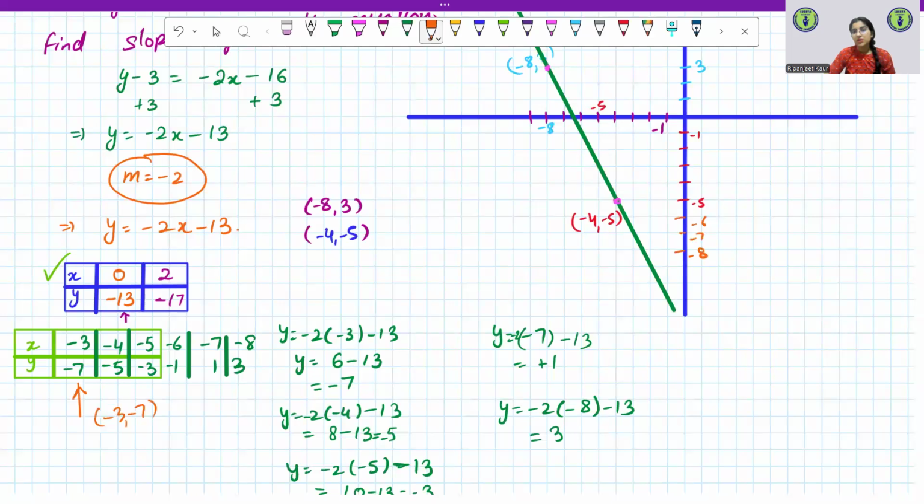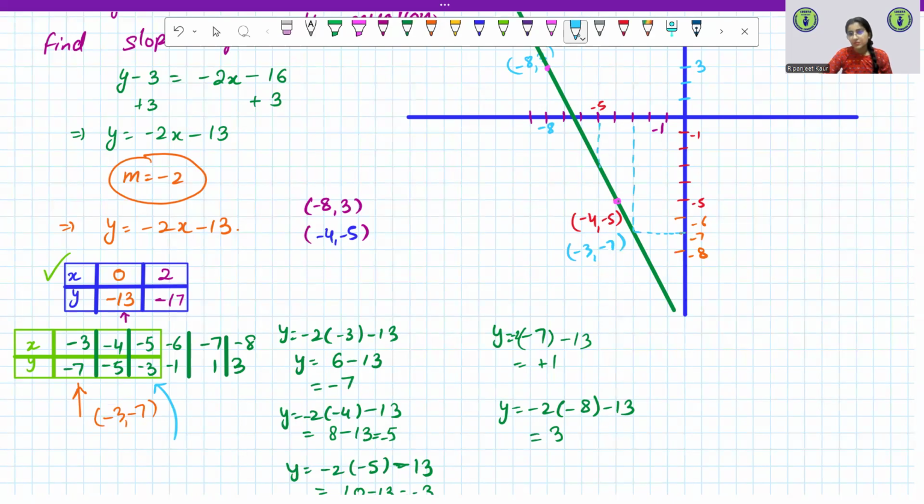Yeah. So let's look here. -3, which is 1, 2, -3, and see, -7. Similarly, if we choose any other point, let's say this one, -5, comma -3. X is -5.